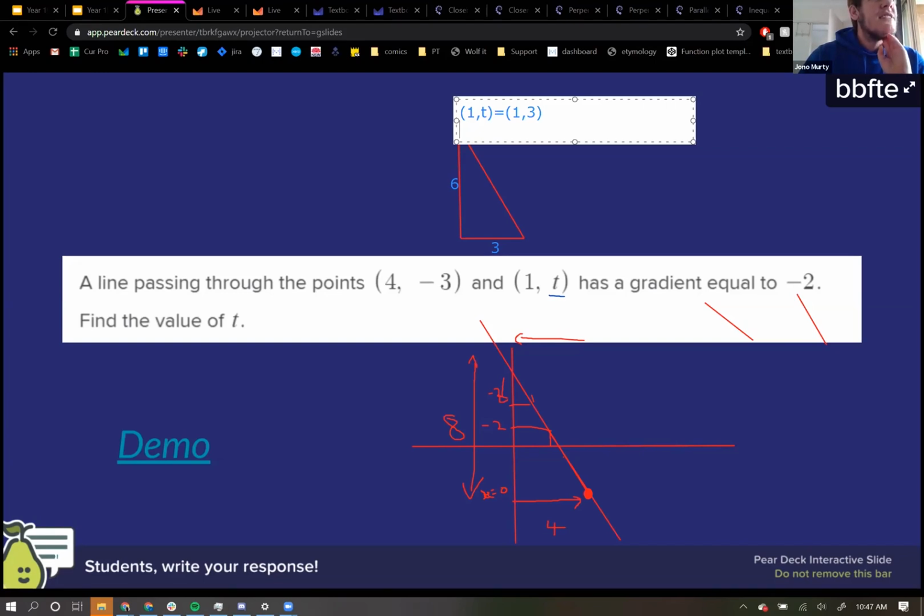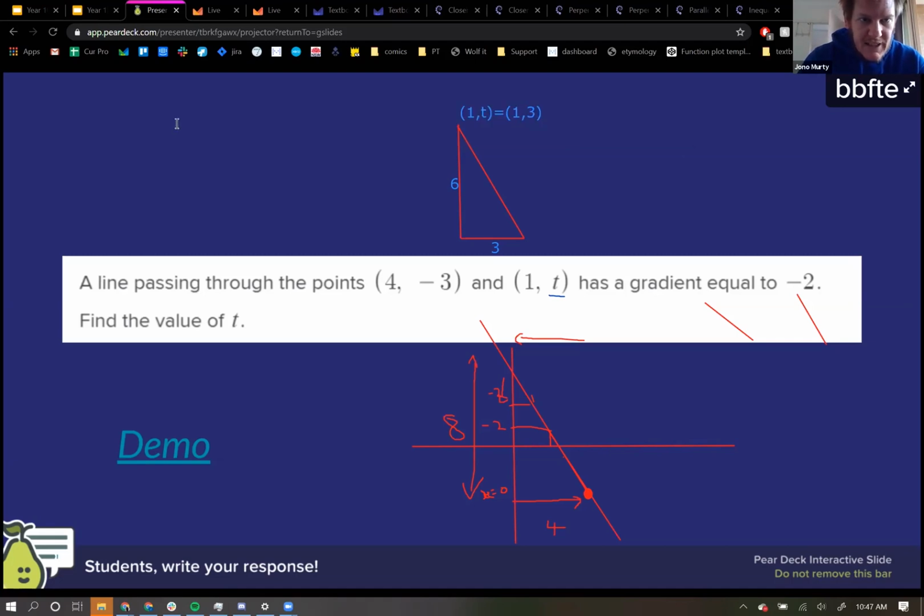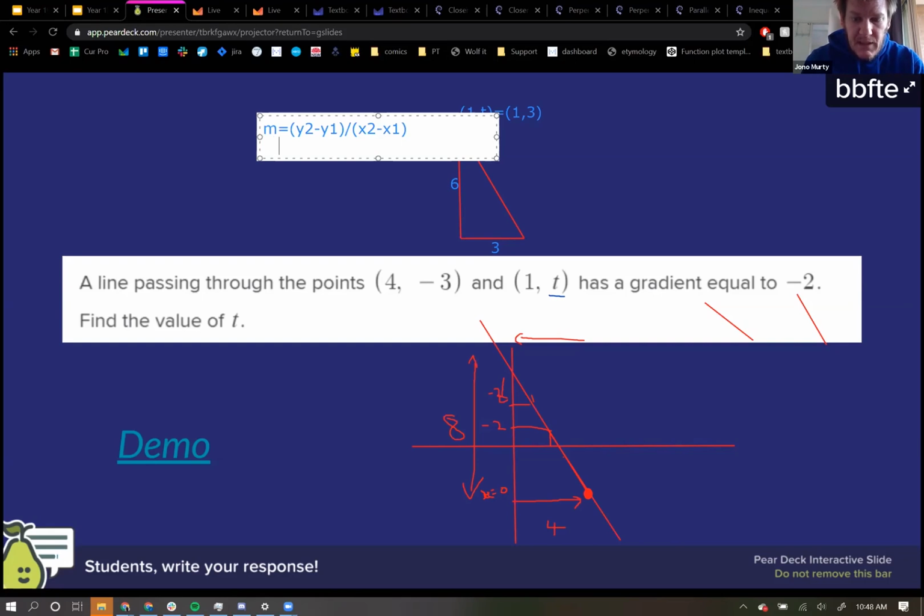Let's just check. Okay, now let's use the formula. Let's double check our working. We have m equals y2 minus y1 over x2 minus x1, equals y2, let's just pick minus 3 because we know that one, minus t. Sorry, we know m as well, so minus 2 equals minus 3 minus t over x2.